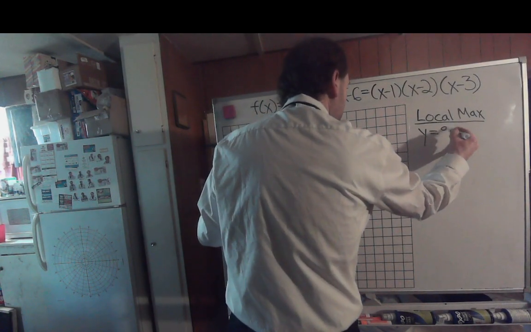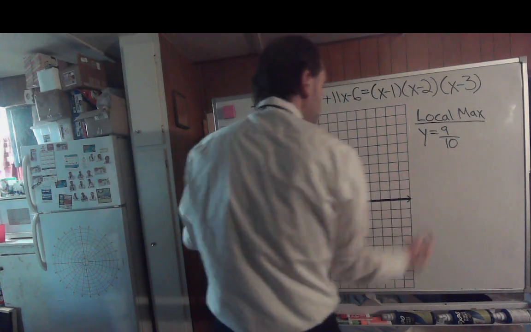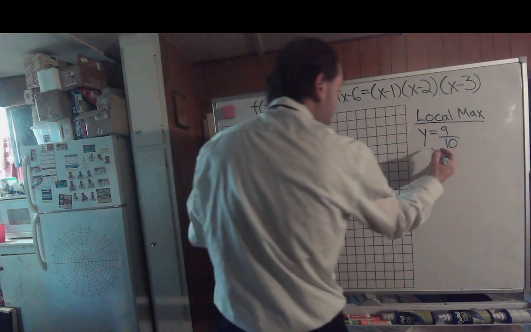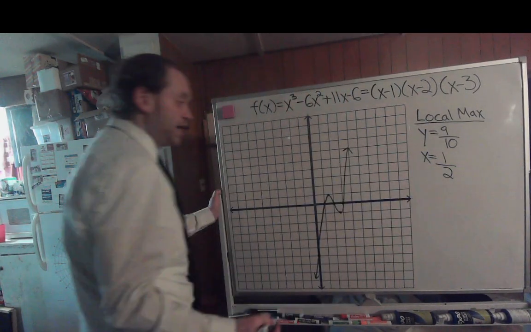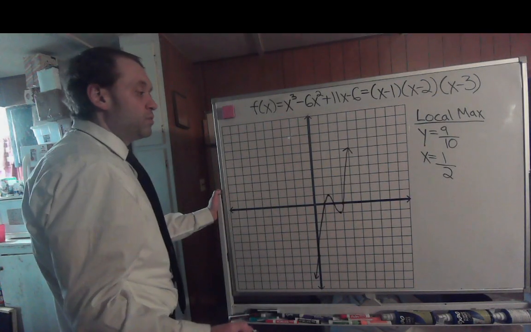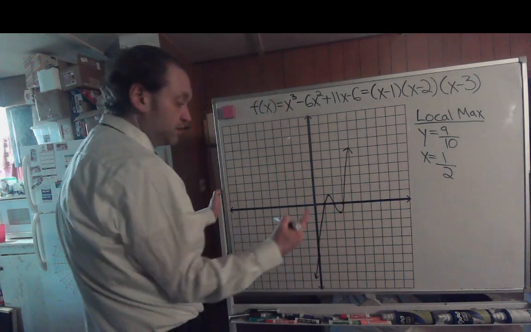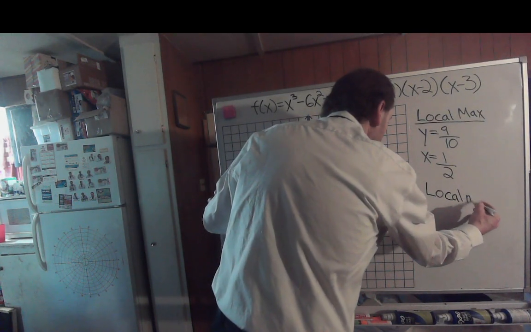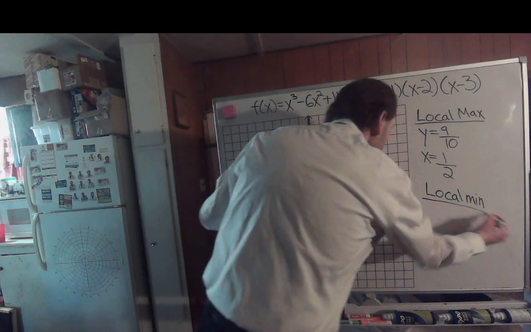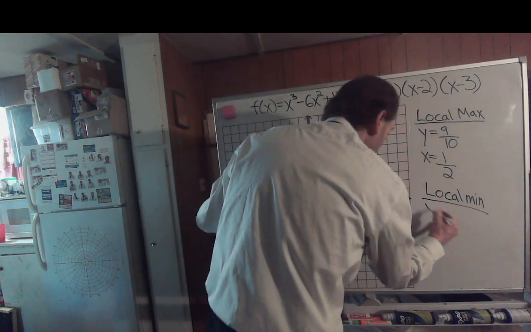Y would equal about 9/10. What x value produces that? That looks about half to me, so x would be at about 1/2. Now, what's a local min? The local min, if you look at the graph, has a y value of about -1. So y would equal about -1.